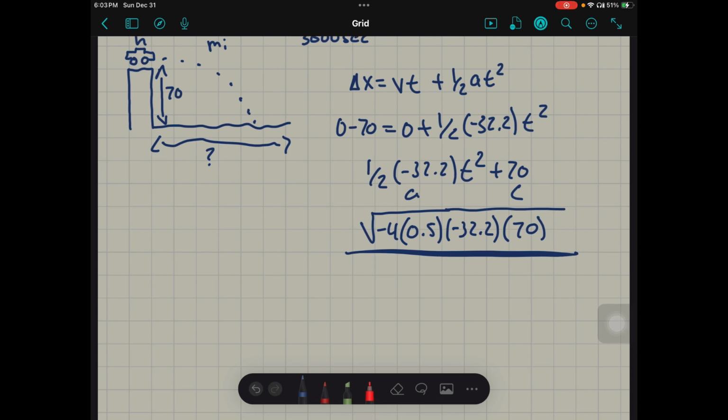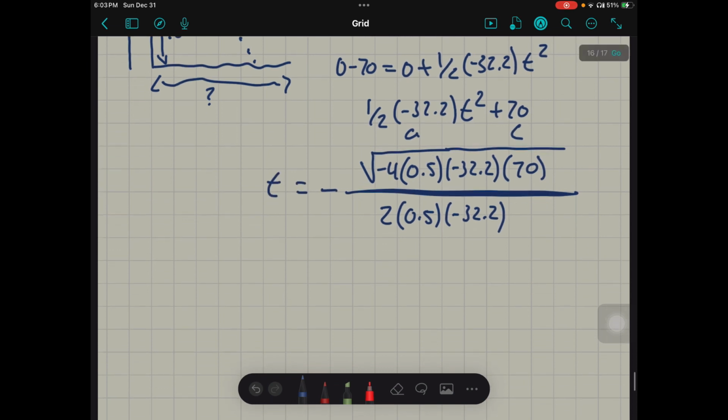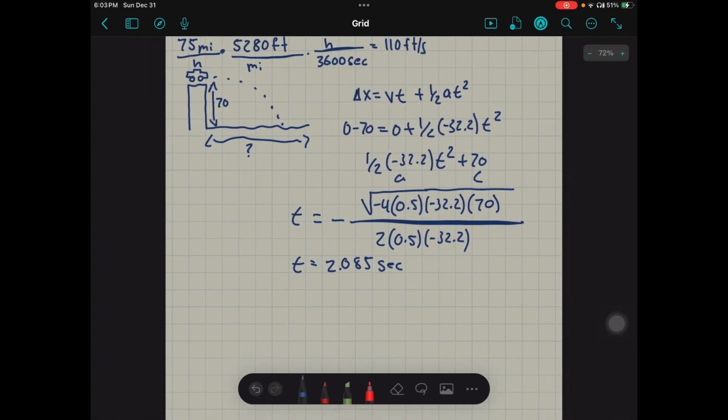We divide all that by 2 times our a, which is 0.5 times negative 32.2. Because this negative and this negative cancel out, we don't have to worry about that. But because this is a negative right here, and time has to be a positive value, there has to be a negative sign right here. And this would be equal to t. When we plug that into a calculator, we get t equals 2.085 seconds.